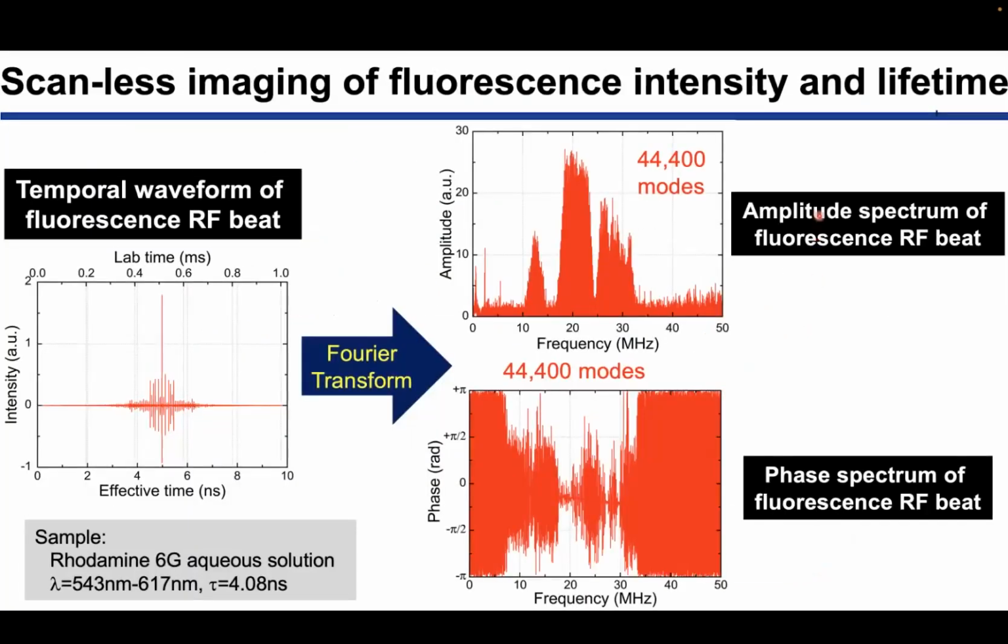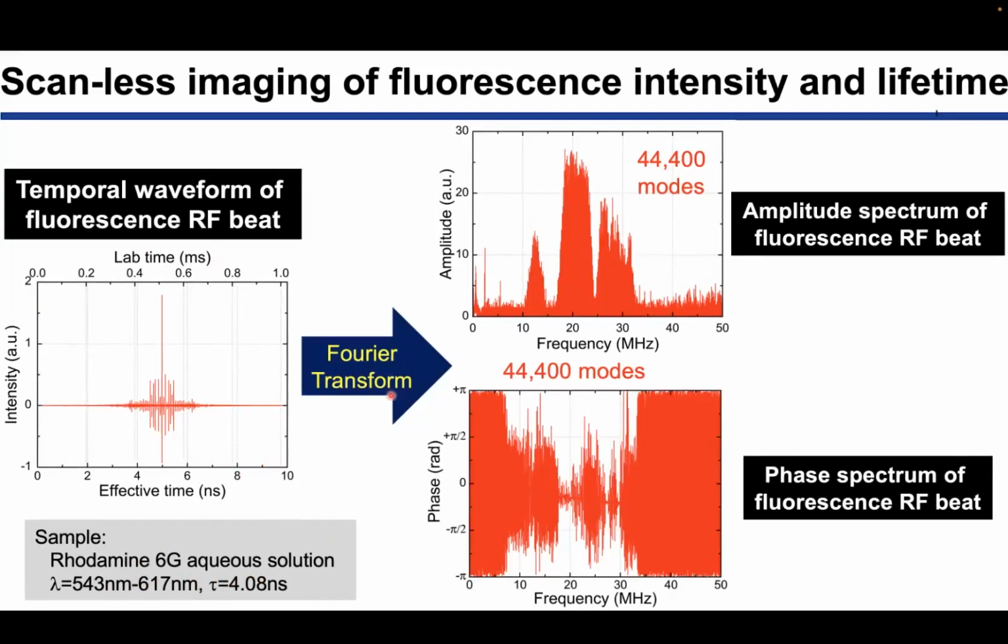We first demonstrate the scanless imaging of fluorescence intensity and lifetime. Here we use a rhodamine 6G aqueous solution having an emission wavelength region of 543 to 617 nanometer and a fluorescence lifetime of 4.08 nanosecond. Left shows the temporal waveform of the fluorescence RF signal.